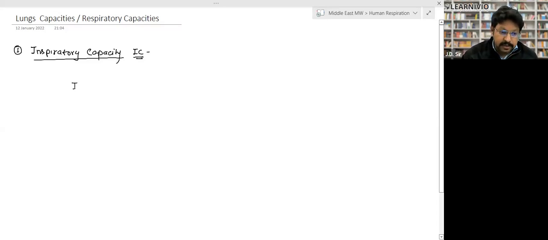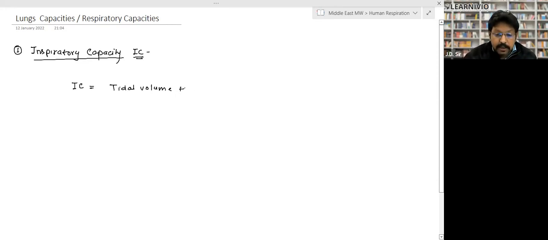So first, what I can inspire will be equal to tidal volume. We have studied about the tidal volume. It is 500 ml only, right? Tidal volume plus what I can inspire more, which will be equal to inspiratory reserve volume, which I can inspire after this 500 ml.